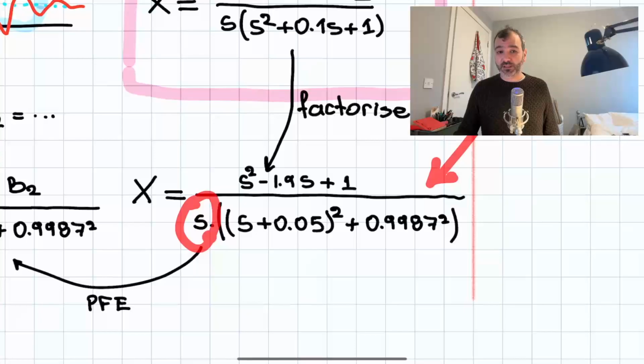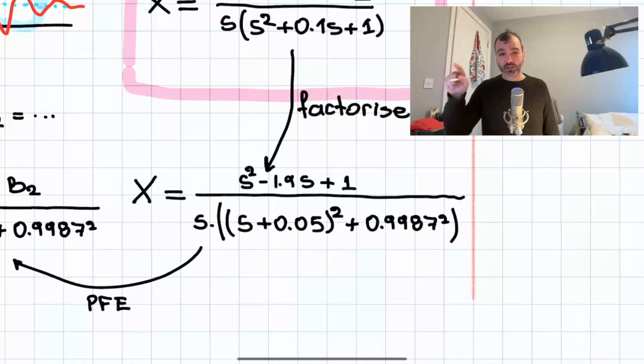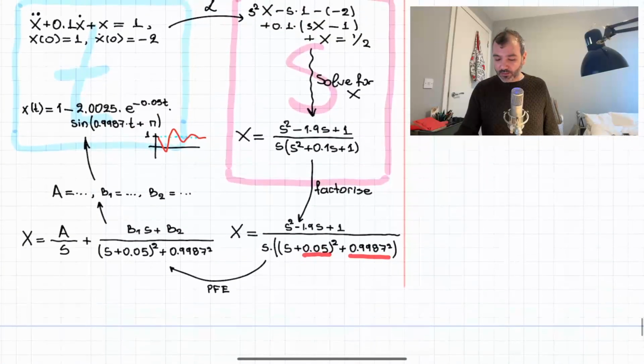So this means that you have an inverse Laplace transform which is equal to a constant, a DC component in your x of t. And you have e to the minus 0.05 t, and a sine of 0.9987 t. And indeed, this is how your x of t looks like.